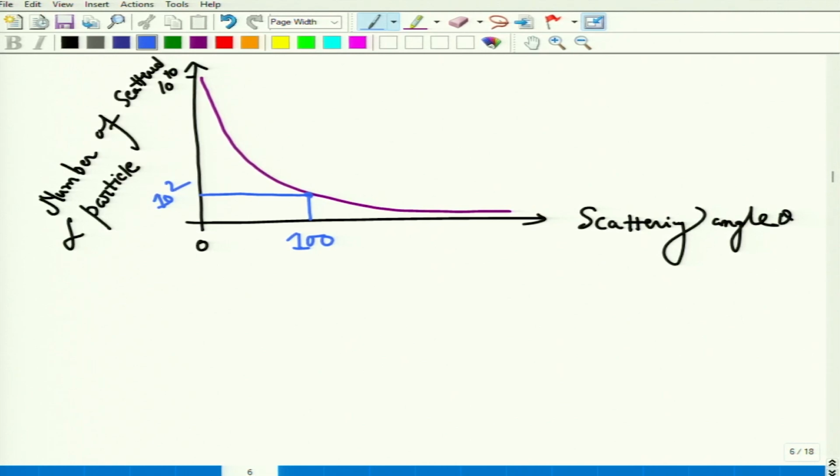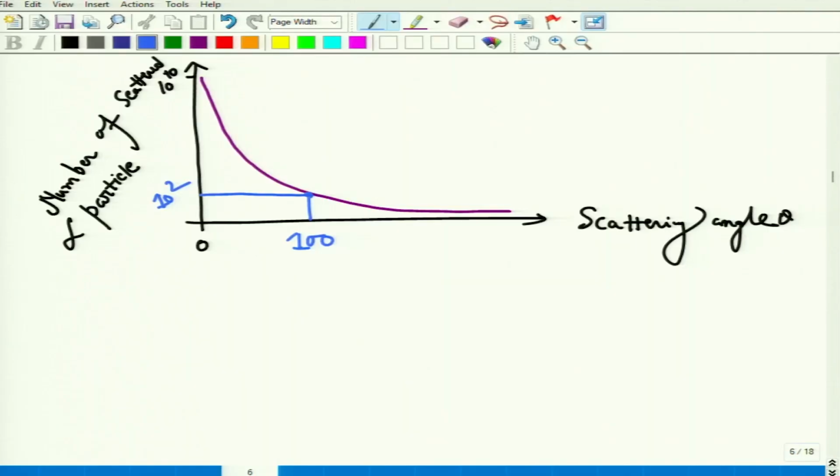So it's very clear that if the scattering angle increases, the number of scattered particles decreases exponentially. The fraction is very small because the number of incident alpha particles was very huge, around 10^15. So this was the observation, but we have to interpret it.